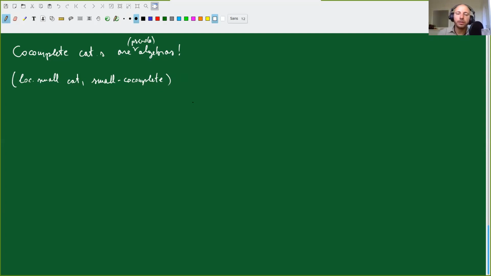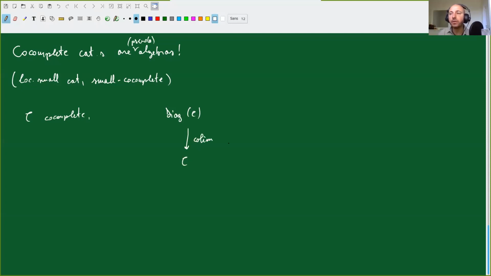So the basic idea here being that, first of all, if you have a category C that's co-complete, then there is a map from diagram C to C. Let me just denote it by colim.